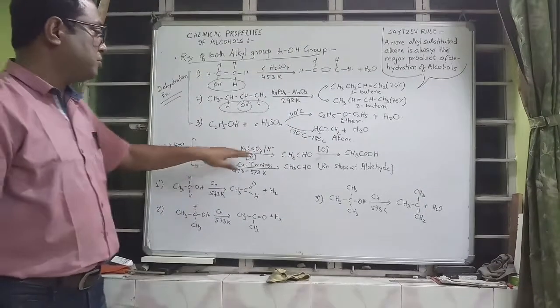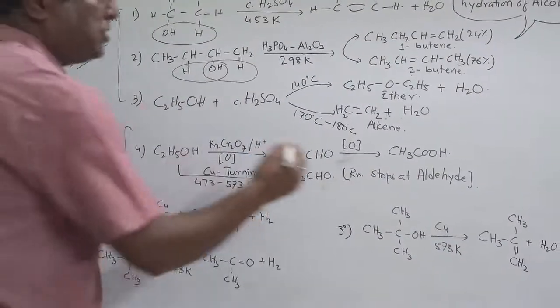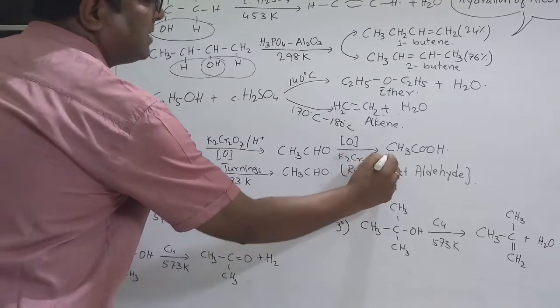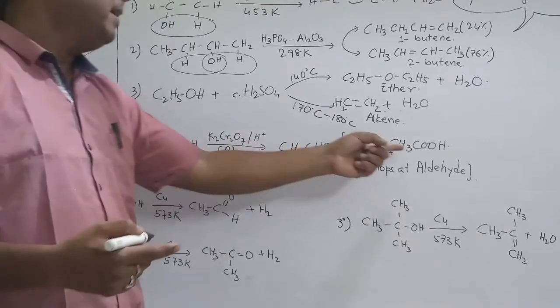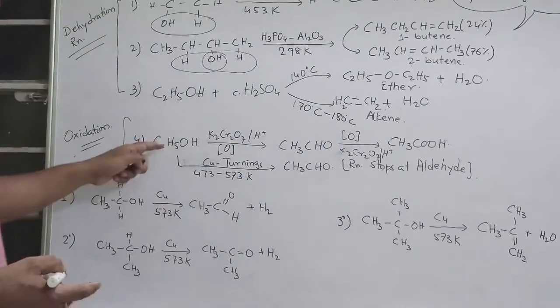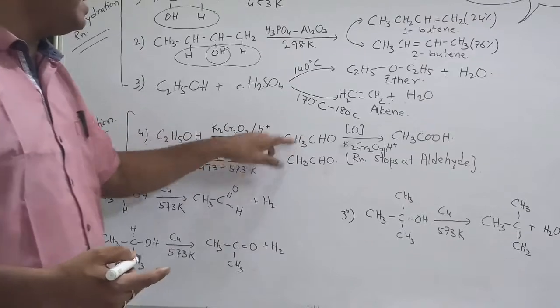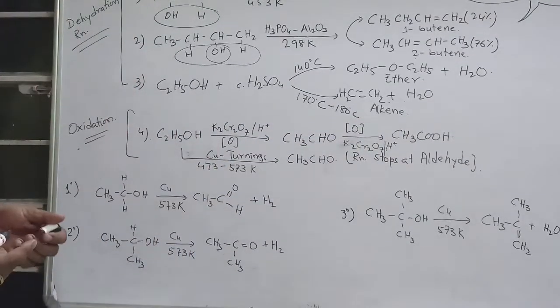So here it forms aldehyde, and aldehyde on further oxidation with the same K2Cr2O7 in the presence of the acid is going to form acetic acid. So ethyl alcohol goes to ethanal or acetaldehyde, and this acetaldehyde goes to ethanoic acid or acetic acid.